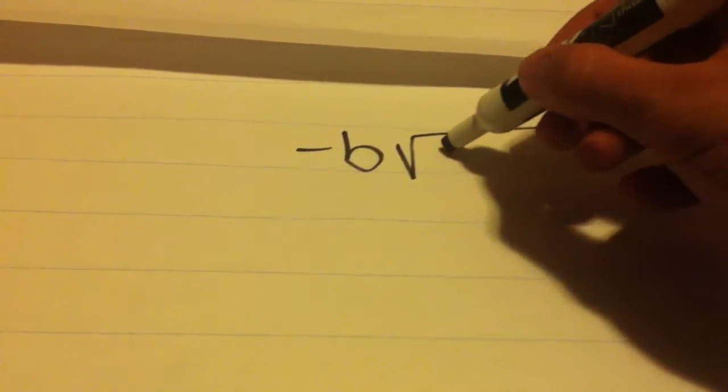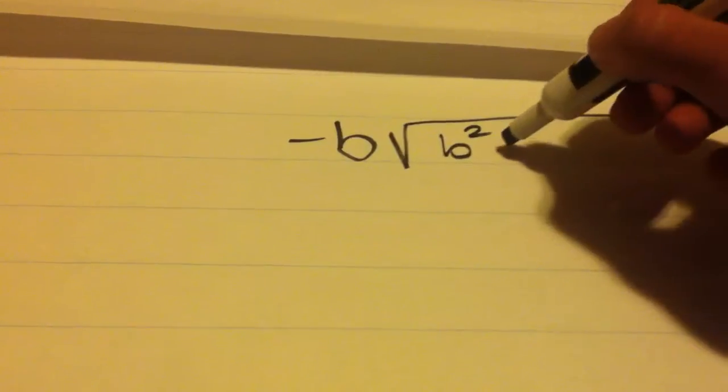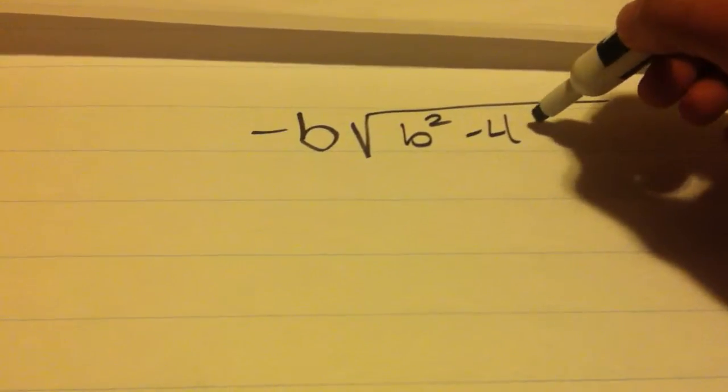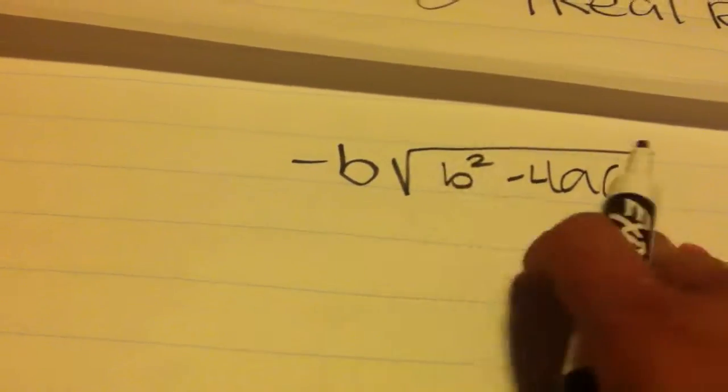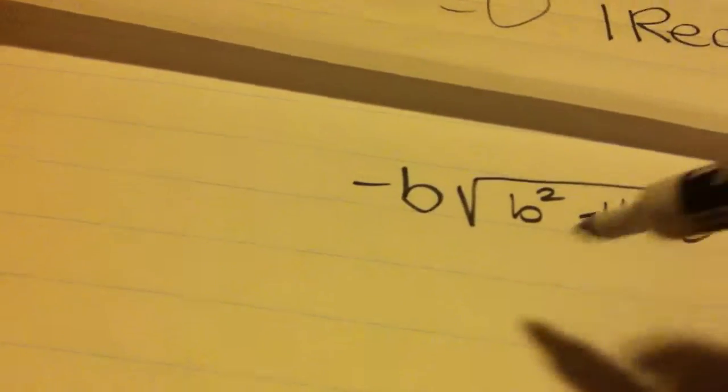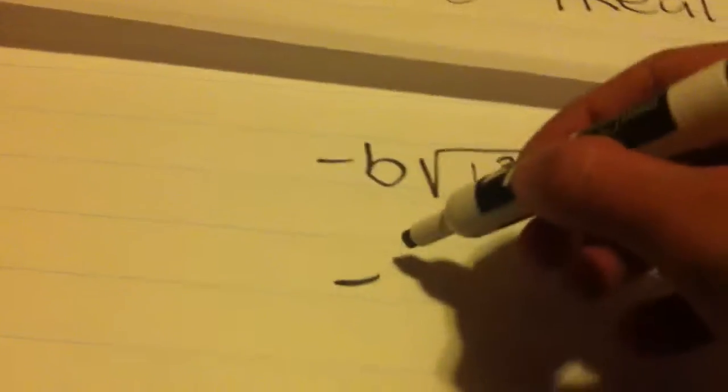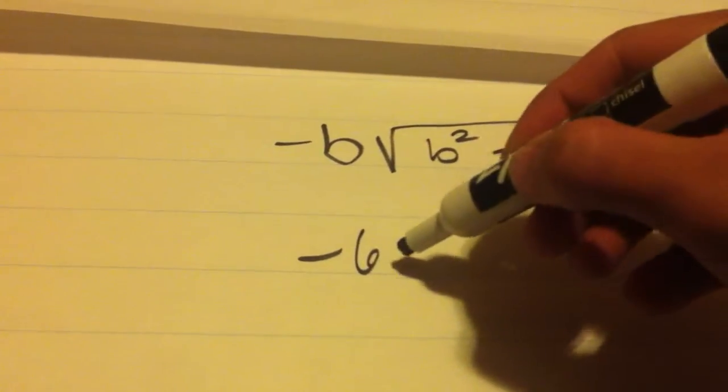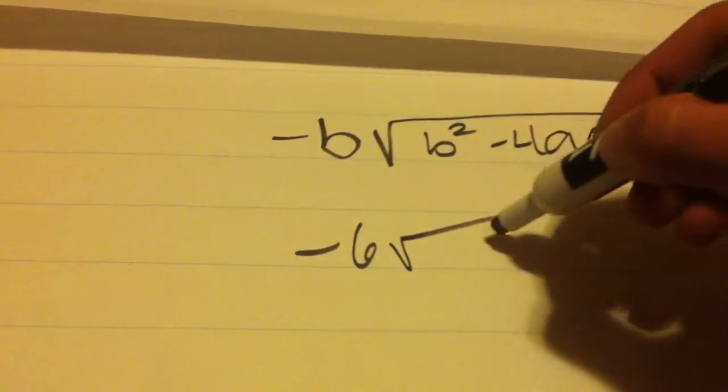So the other form, well, not the other form, the continued form, I guess, is minus b plus or minus the square root of b squared minus 4ac. And since we know that we did this already, it equals 0. So it's minus 6 plus or minus the square root of 0.